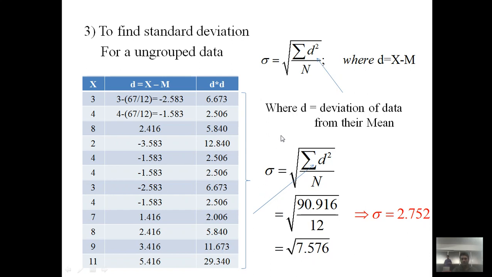So now we plug all these values into the formula of standard deviation. The standard deviation is the square root of sum of d square upon n, but remember these are d square.